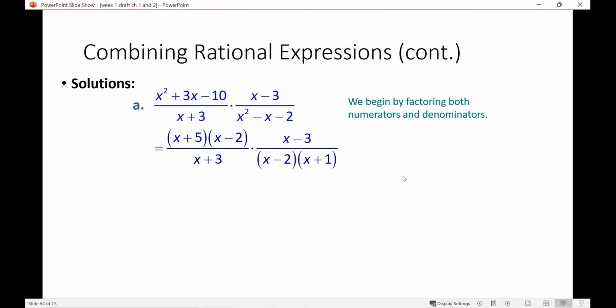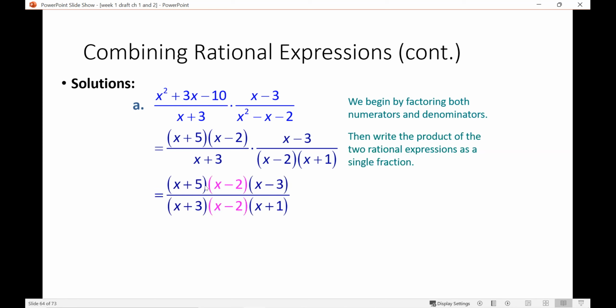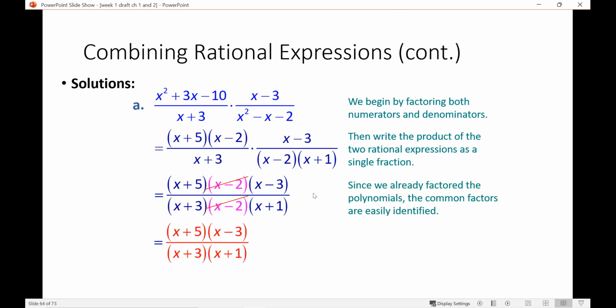So we factor. We see that we've got some common factors here, and we can cancel out those common factors. And then we end up with our fraction, which is already factored, so we know that we don't have any common factors. If you want, you can multiply this through, or you can leave it in factored form.